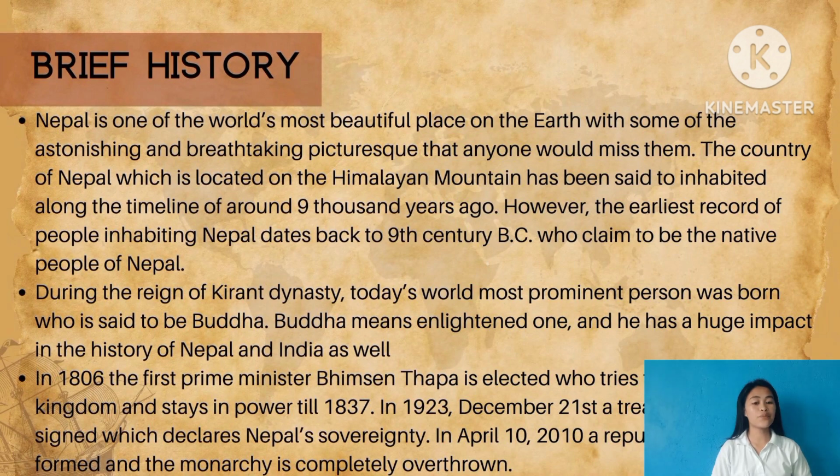In 1806, the Prime Minister Bhimsen Thapa is elected, who tries to expand the kingdom and stays in power till 1837. In 1923, December 21st, a treaty with Britain is signed which declares Nepal's sovereignty. In April 10, 2010, a Republic Nepal is formed and the monarchy is completely overthrown.